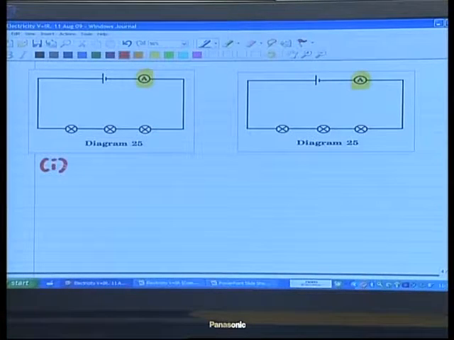In the second one, we add the bulb. I'll use a different color so you can see it. I add another bulb here. So I call this L1, L2, light bulb 3, light bulb 4. This is light bulb 1, light bulb 2, light bulb 3.